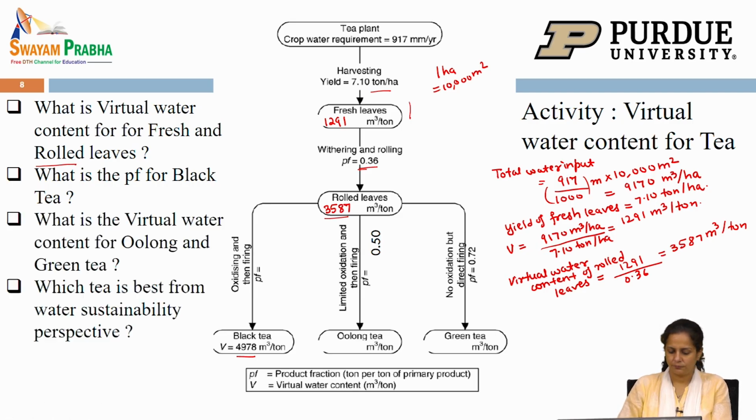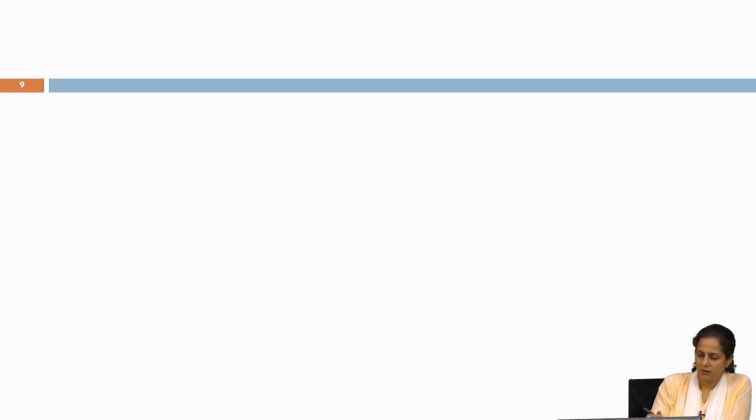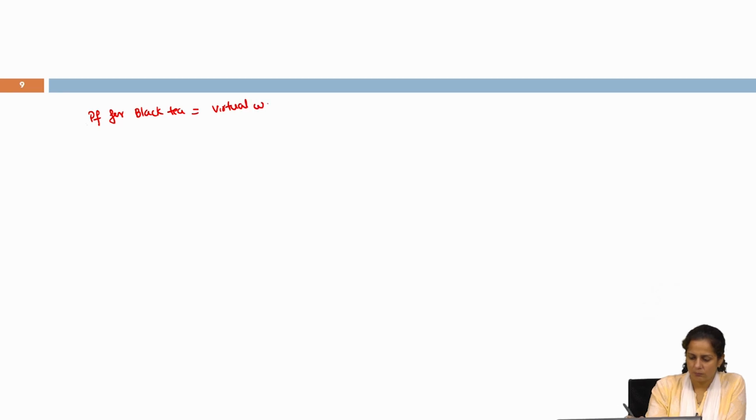So, the product fraction for black tea is going to be the virtual water of rolled leaves divided by the virtual water of black tea.